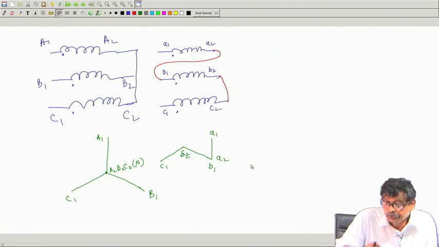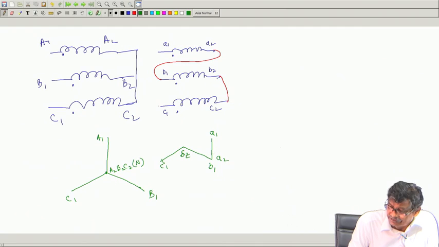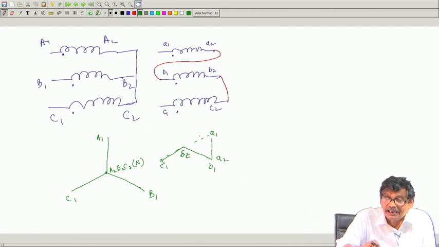And he is planning to short A1 C1. Now, there will be a problem, because what is the voltage across A1 and C1? It is not zero now, it is this length. If it is correctly done with 60 degree, 120 degree, it would have been this length. A1 and C1: a large voltage will exist.